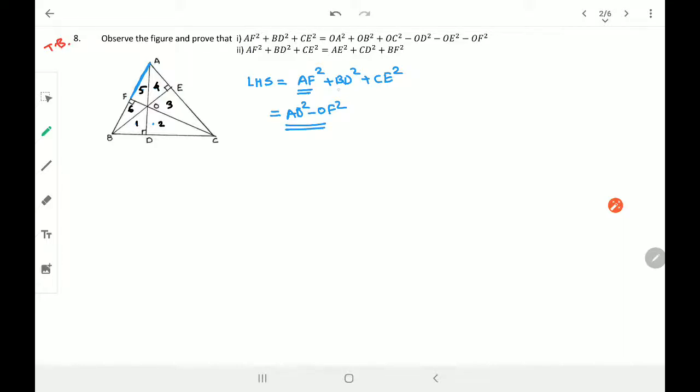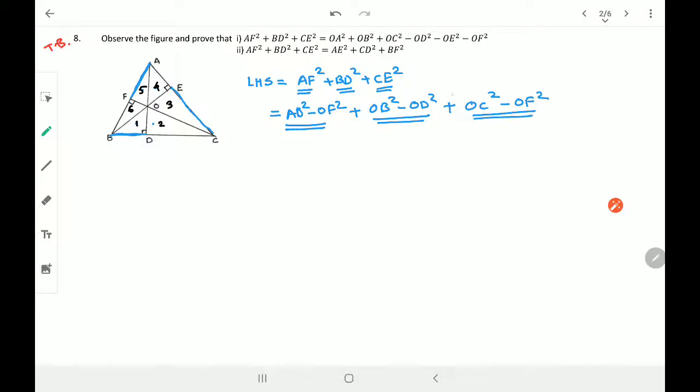Second one, if I look at BD square, so plus BD square, I'll just mark BD square. Here is BD. So BD square is equal to OB square minus OD square. Clear? And I'm left with now CE square. I'll just mark CE square. So CE square is equal to OC square minus OE square. So this is the Pythagoras theorem, right?